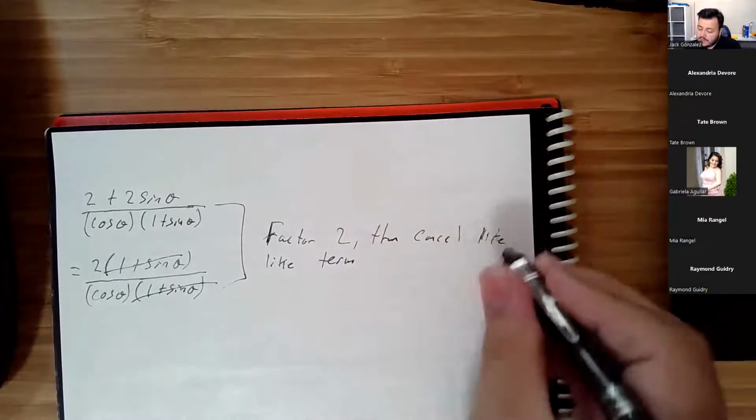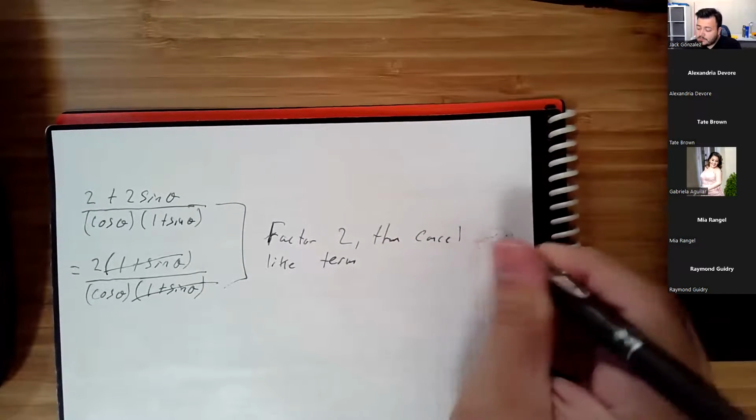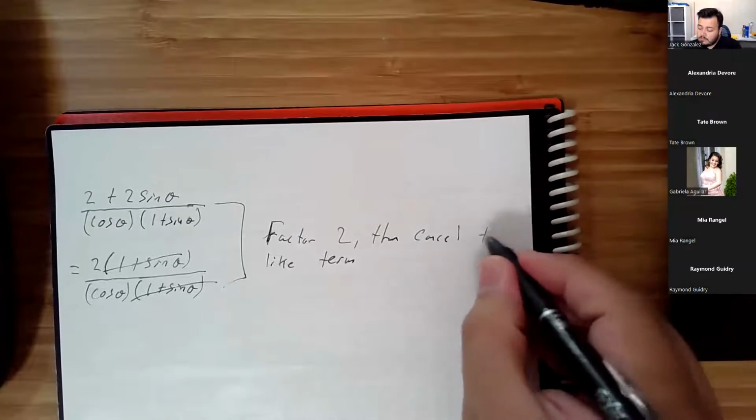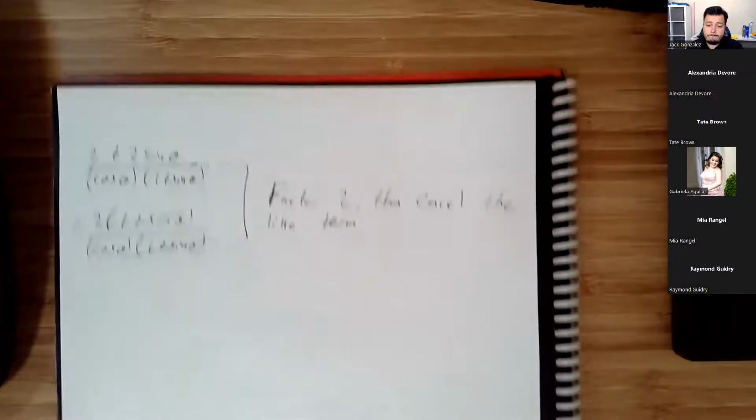So factor 2, then cancel the like term. That's all we did there.